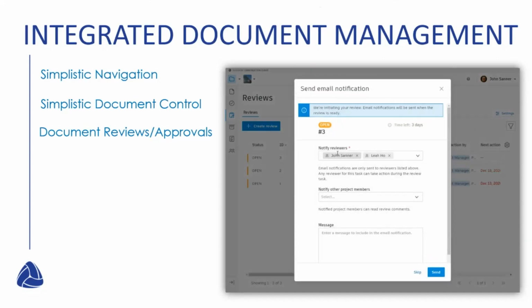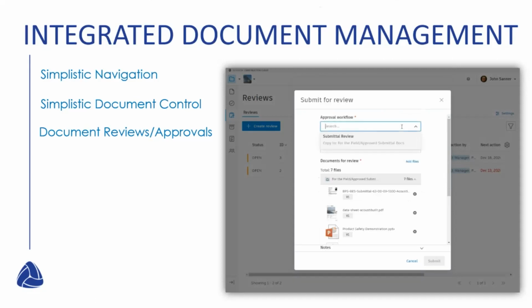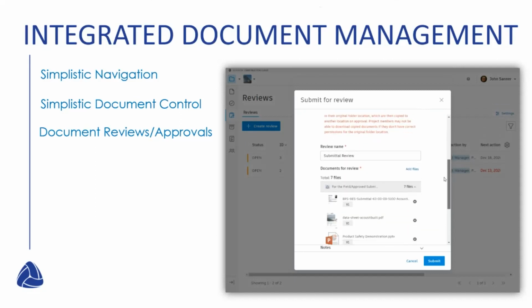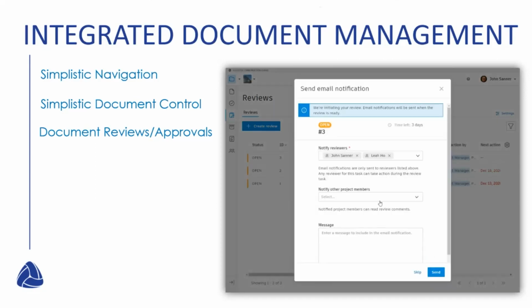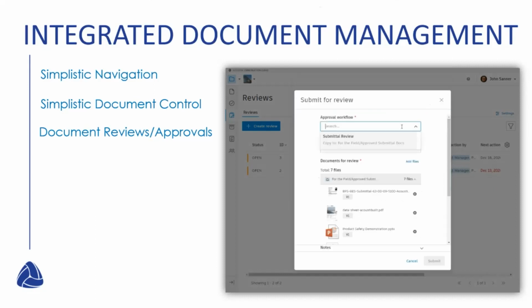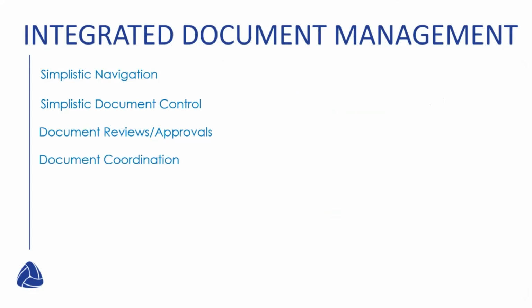You should know what version you're working with. Has the document been approved or rejected? Which consultant uploaded that particular document at a specific time? And if you're working in the Autodesk Construction Cloud, you're always working with the latest information, as it is always reflecting within that platform.